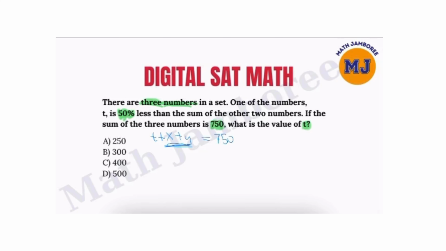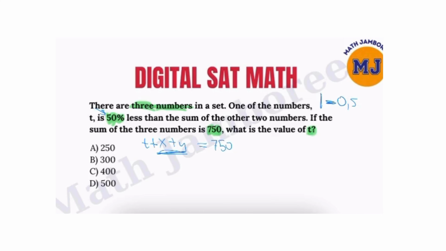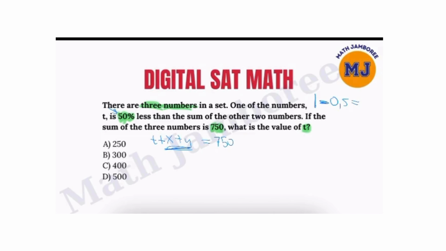For that, we will use this 50%. So 1 whole is 1, right? Like 100% is 1, right? Minus 0.5, because that's 50%, equal to 0.5, obviously. Now, we will use this information.